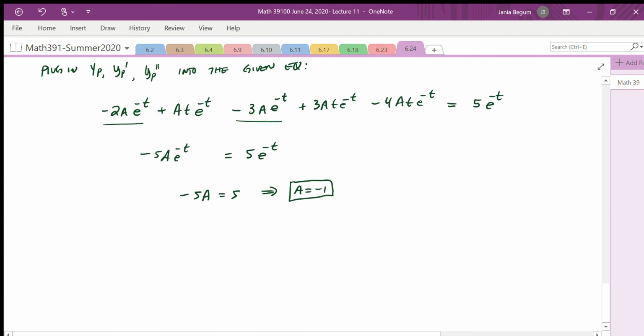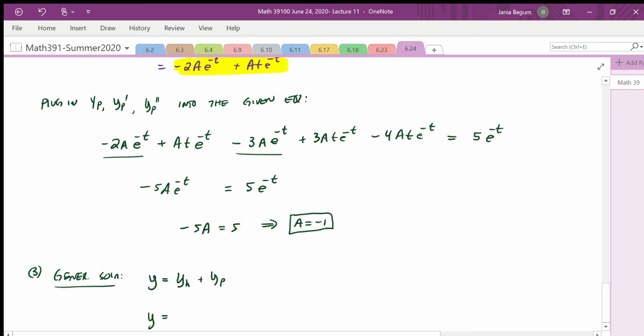So what is our solution to this? So step number 3, our solution, the general solution to this non-homogeneous equation, is y equals yh plus yp, and we have all pieces.